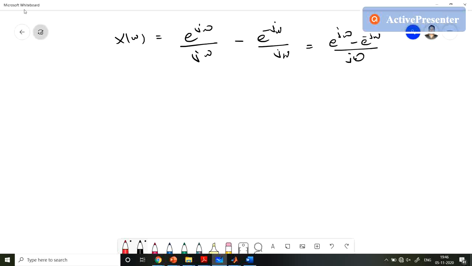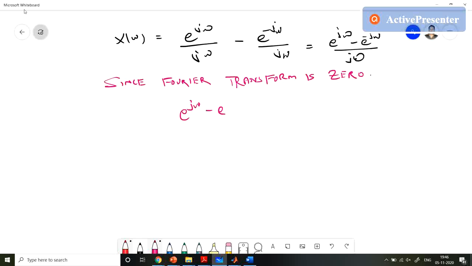What we can see here is that since the Fourier transform is 0, e raised to the power j omega minus e raised to the power minus j omega is equal to 0.